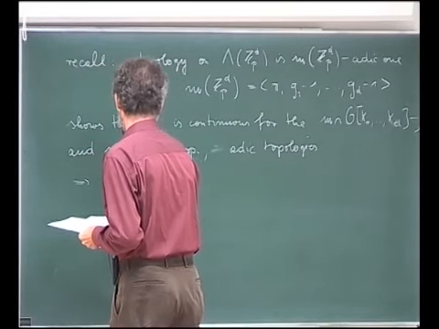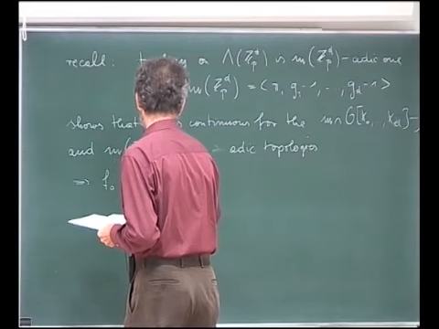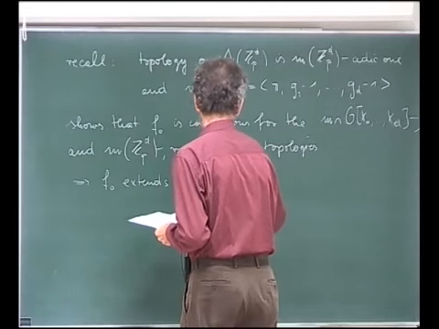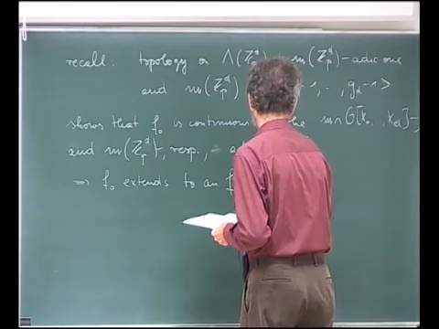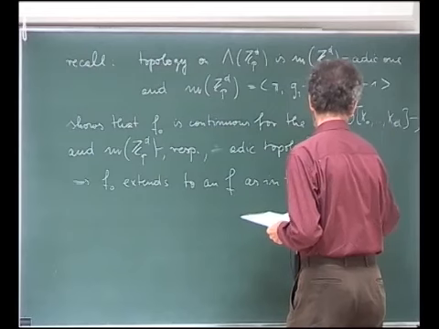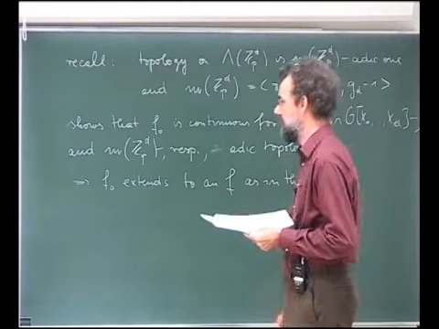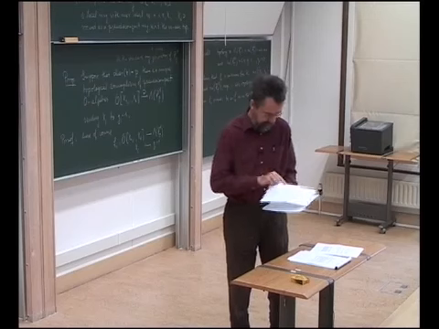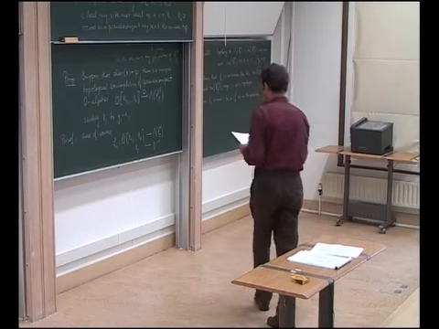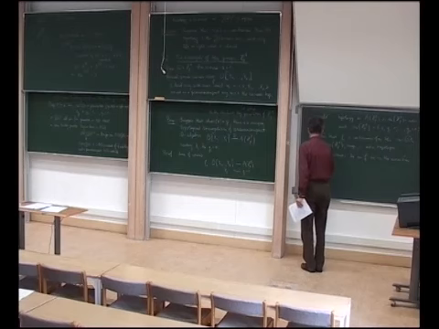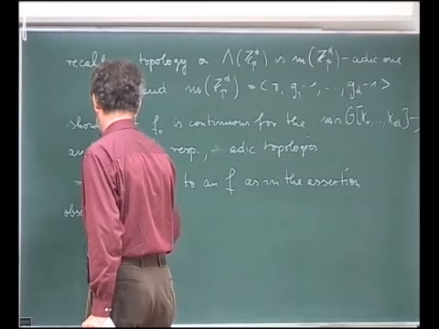So F0 extends to an F as in the assertion. So we have the map, and we have to show that it is an isomorphism.